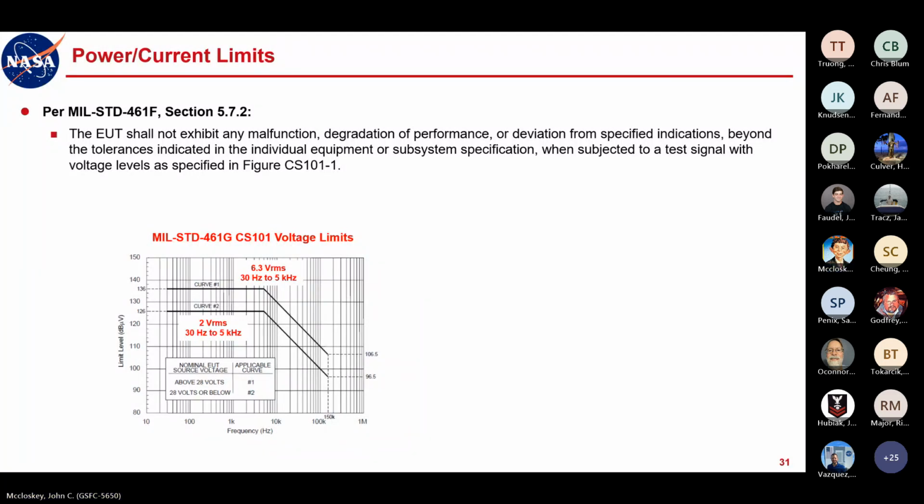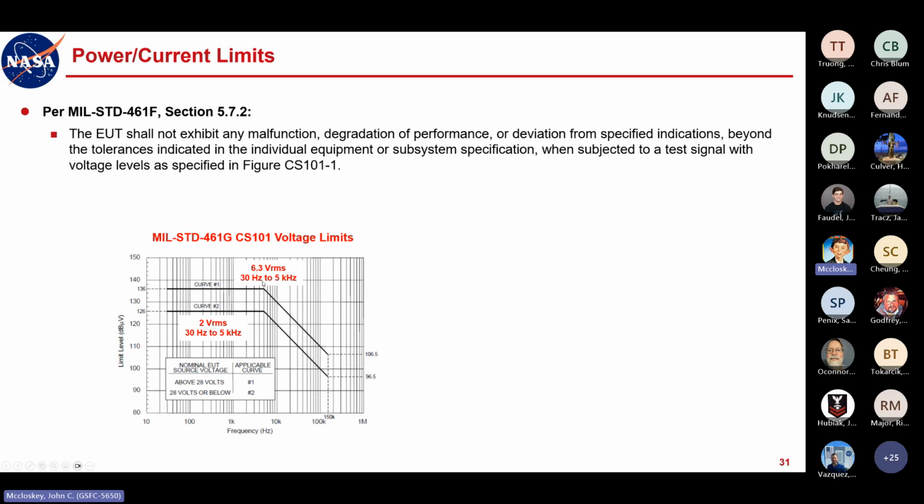Okay, and so going to the mil standard here, the limit curves in the mil standard are what are shown here, and it's 2 volts RMS at this low frequency plateau up to 5 kilohertz. For curve number 2, that's 28 volts or below. So we tended to use that as our default. And then above 28 volts is this 6.3 volt RMS level.